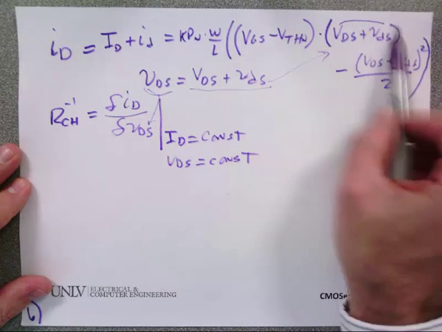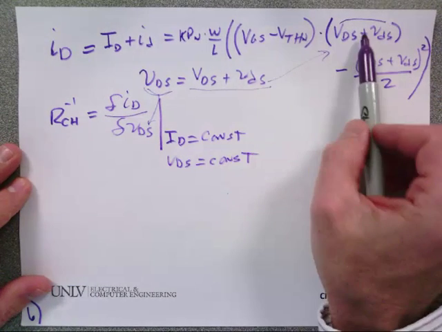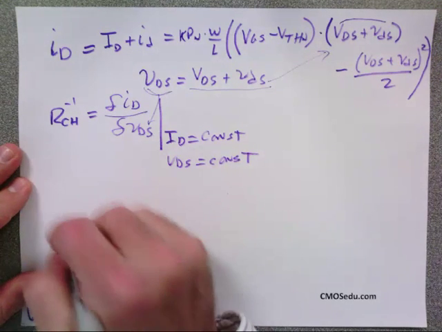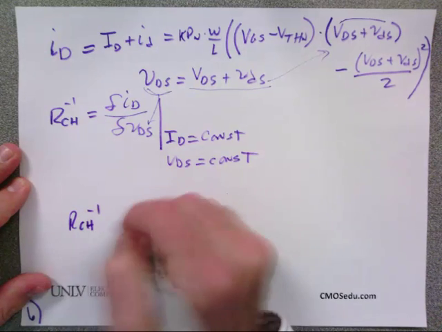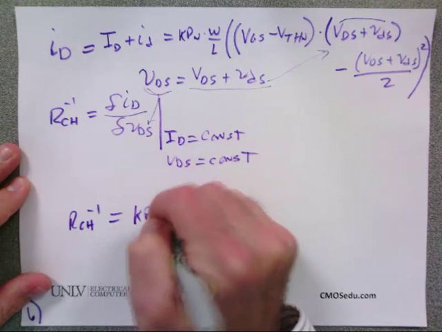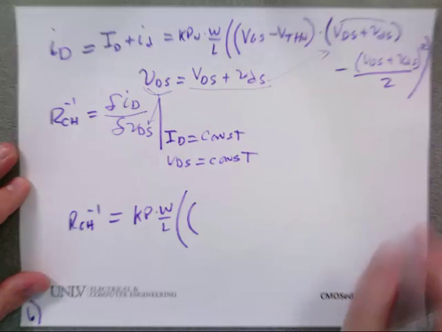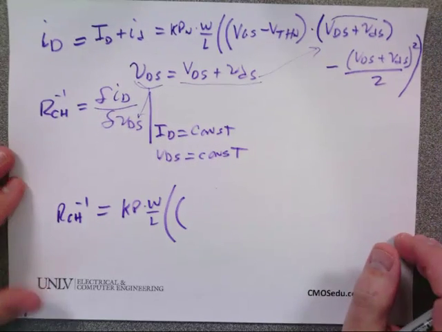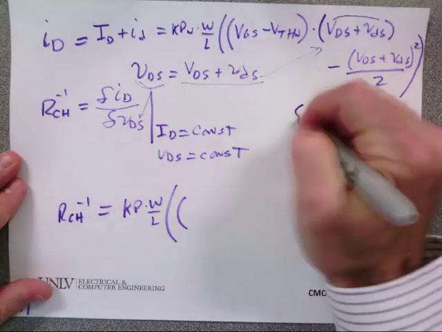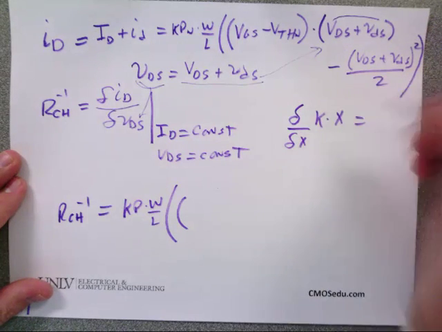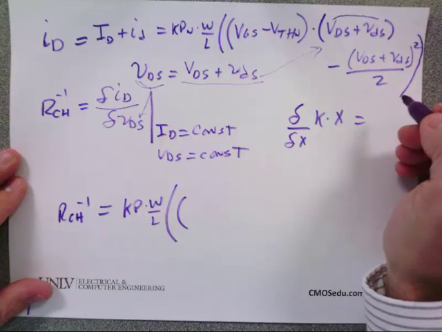So this is x. What is the derivative of this first part? What's the derivative of x with respect to x of k times x equal to? 1.